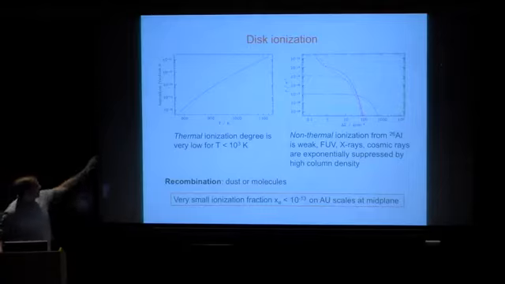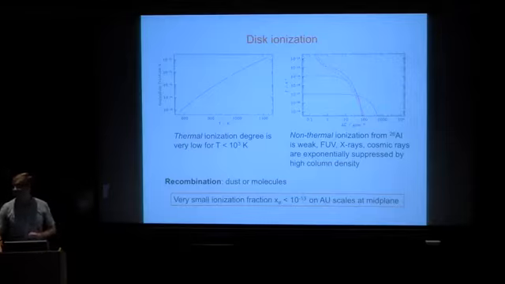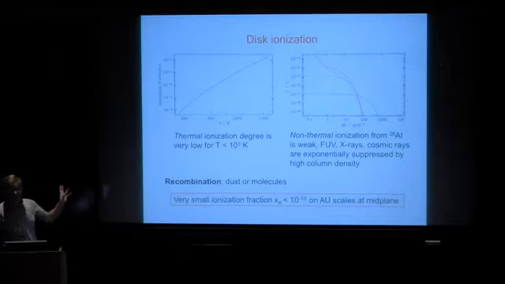Okay. And on the left there's just an estimate of what sort of ionization degree you would get from those effects, making some assumption about the abundance of the alkali metals. And the point is just that you've got very low degrees of ionization from that sort of process. So you might be looking at 10 to the minus 13 at a temperature of about 1,000 Kelvin.